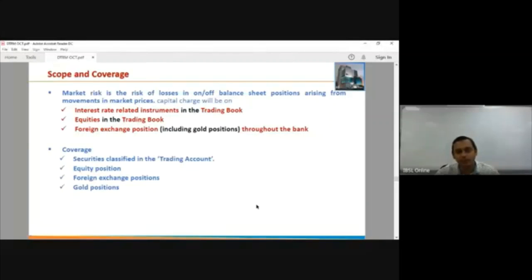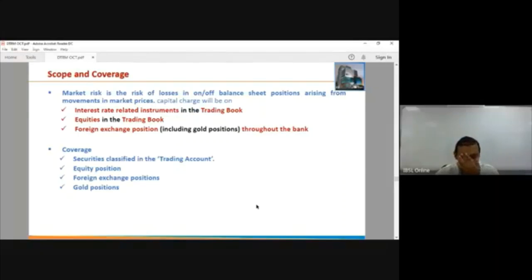Now, how we are going to allocate capital to mitigate any risk coming out of that investment is under Pillar 2. Now, I said there are two approaches, right? So, Pillar 1 covers a certain type of risk, and whatever risk is partly covered or not covered under Pillar 1 will be covered under Pillar 2, under ICAAP, right?